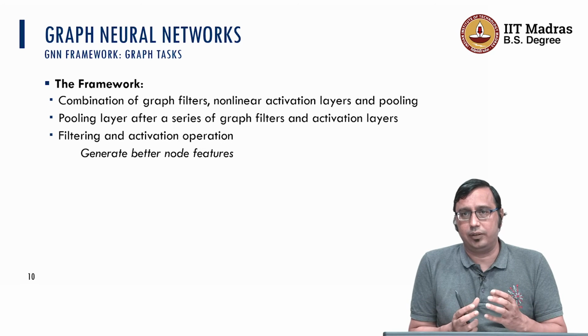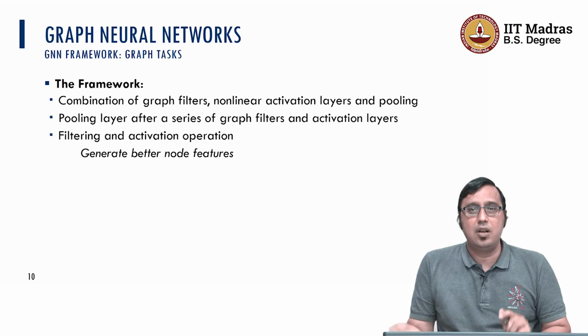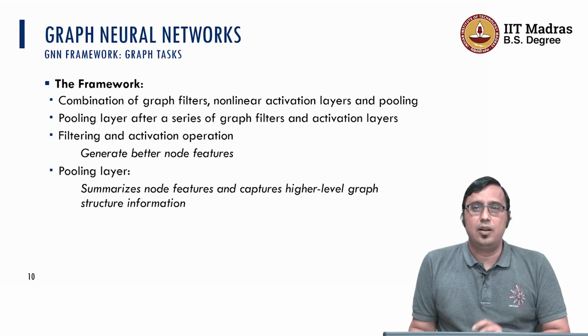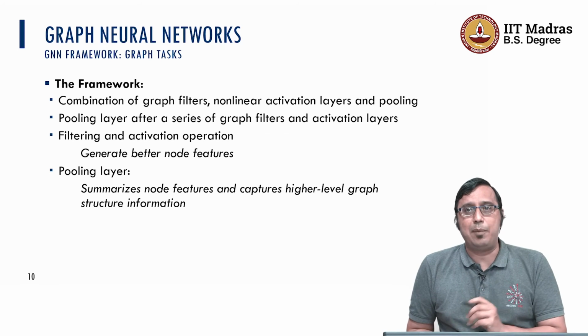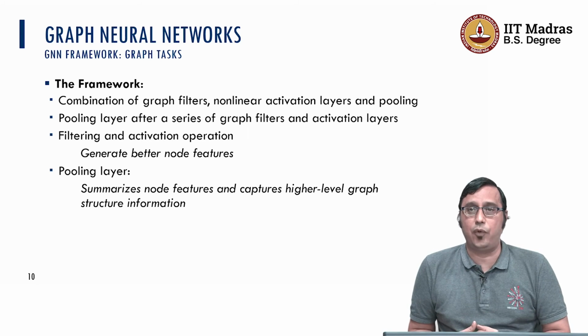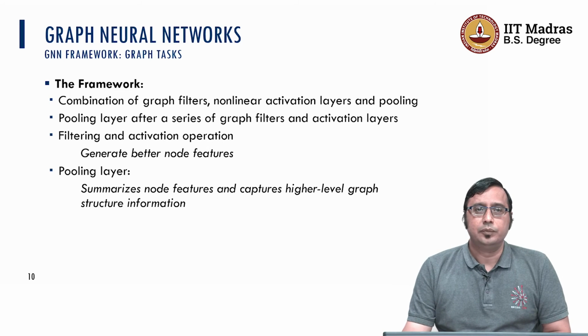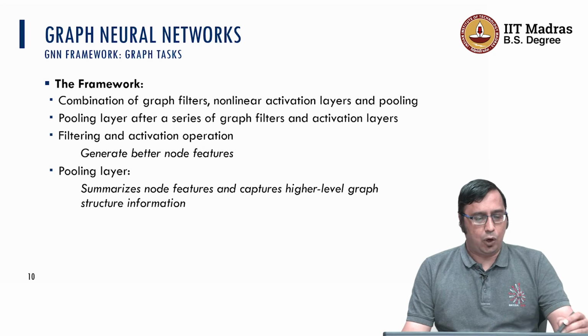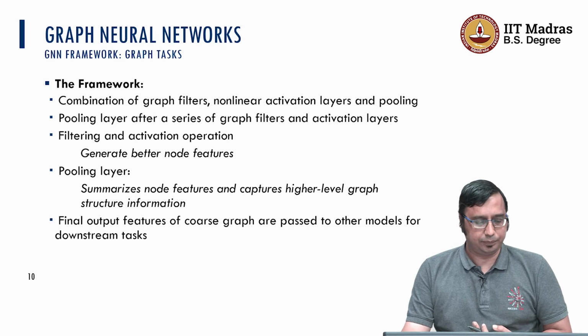Their main objective is to get better and better node features. They do not worry about the graph level features. However, the pooling layer's objective is to summarize node features in a better manner and capture high level graph structure information along with the node features. Hence, the combination of both will create a better feature for the graph.